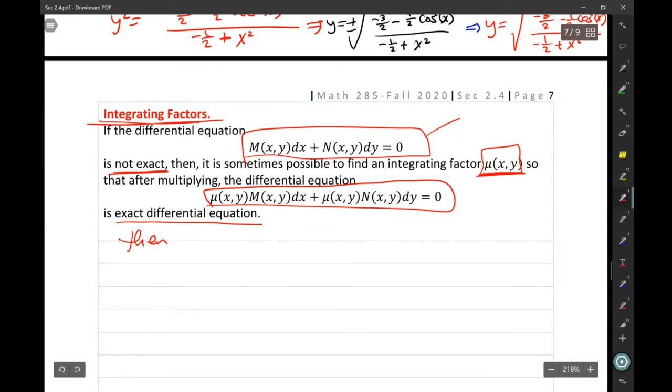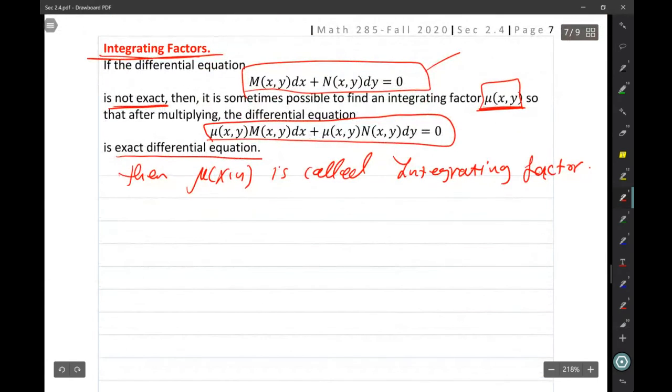Then mu xy is called an integrating factor: if you multiply it by the non-exact equation, it becomes exact.